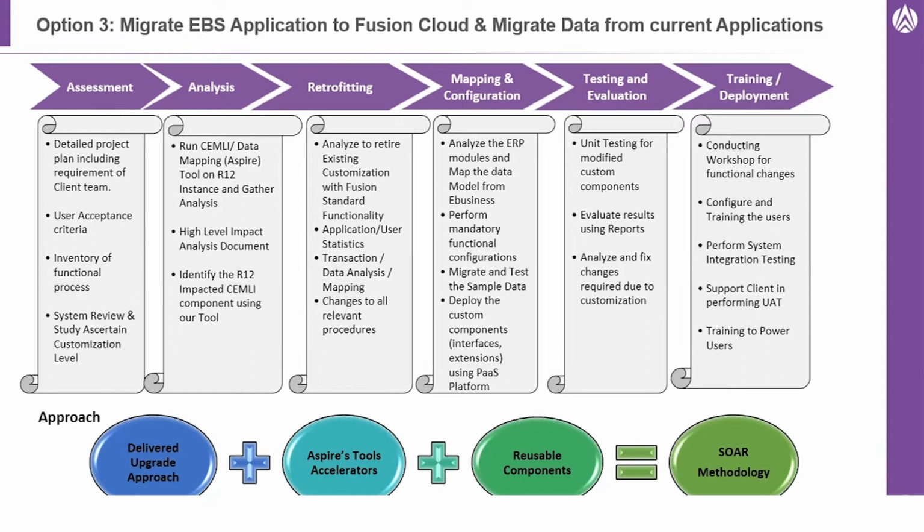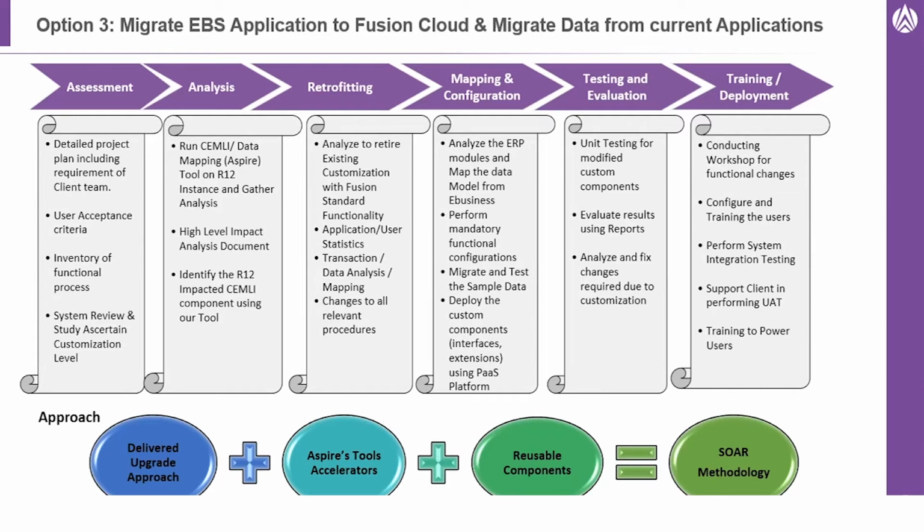But from Aspire's perspective, we have done multiple engagements migrating on-premise applications to cloud, where we have specific tools and accelerators like the iEstate application. We've recently completed a migration for a real estate company which has property leases, property sales, and so on.